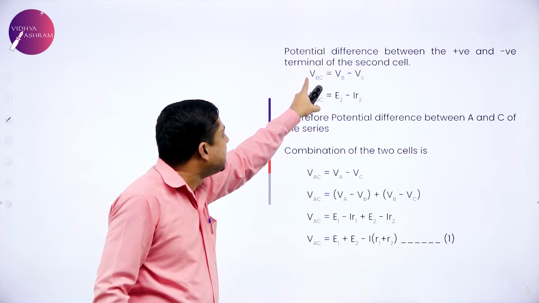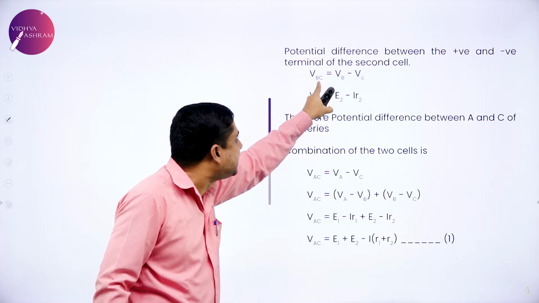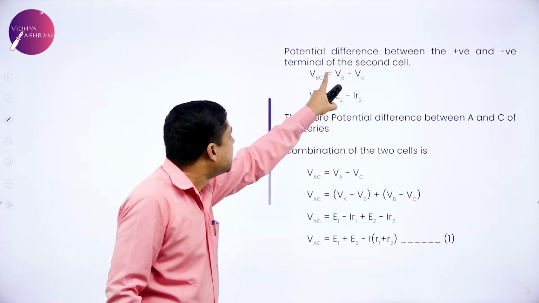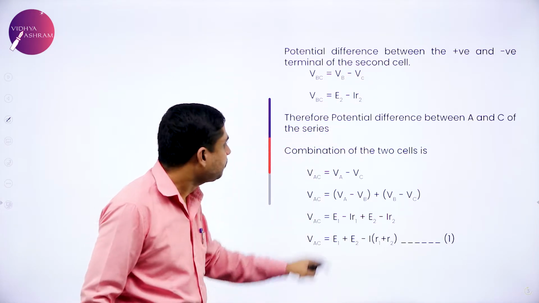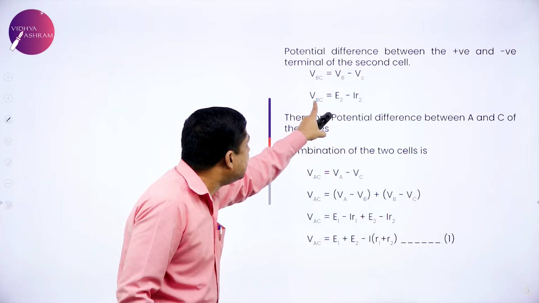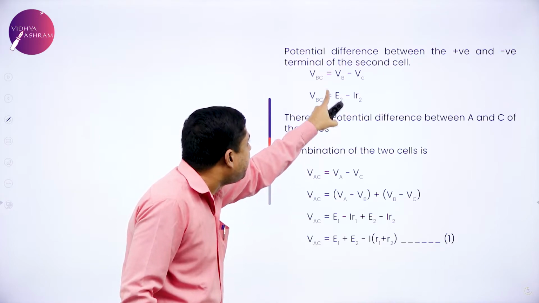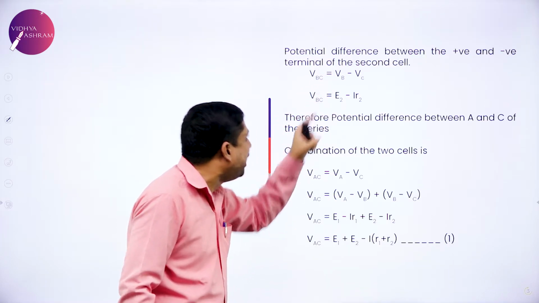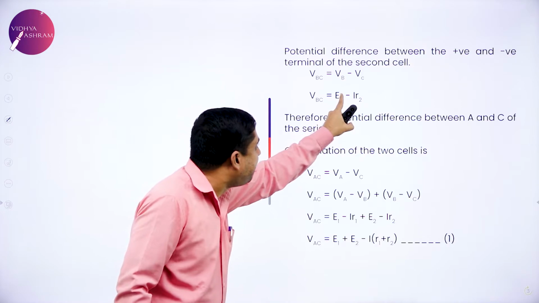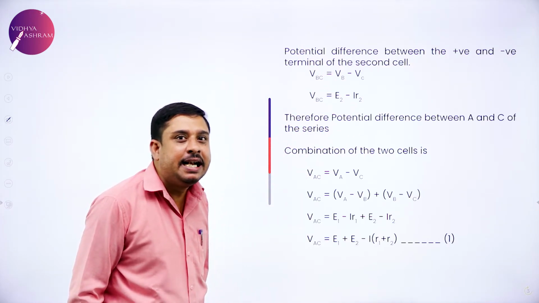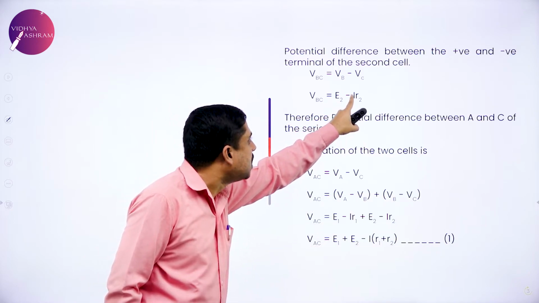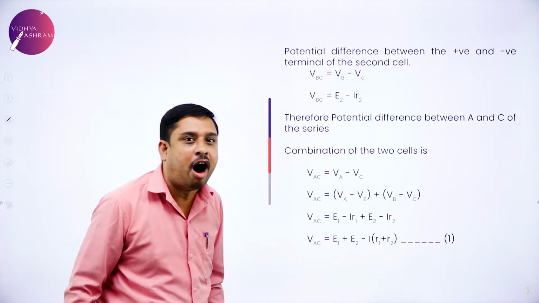So similarly it is VBC, which is VB minus VC. Again VBC, EMF of the second cell E2, current flowing through the second cell I, internal resistance of the second cell r2.